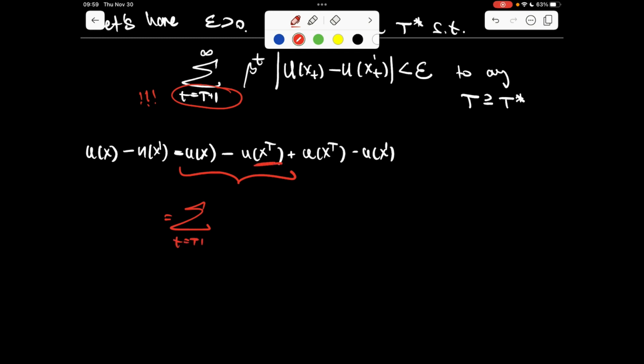So we can put this part of the inequality in this way.